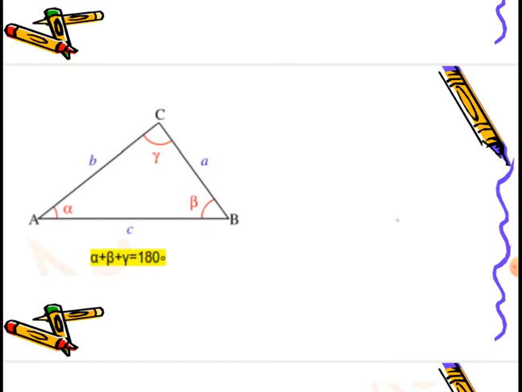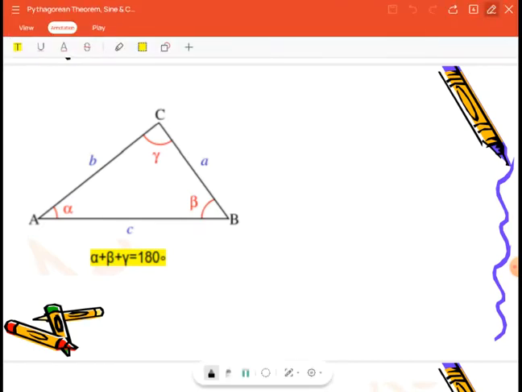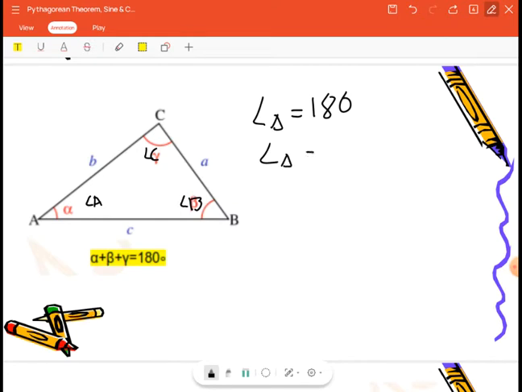Some other books use angle names, halimbawa, angle A, angle B, angle C. The total angle of a triangle is equal to 180, therefore angle A plus angle B plus angle C is 180 degrees.